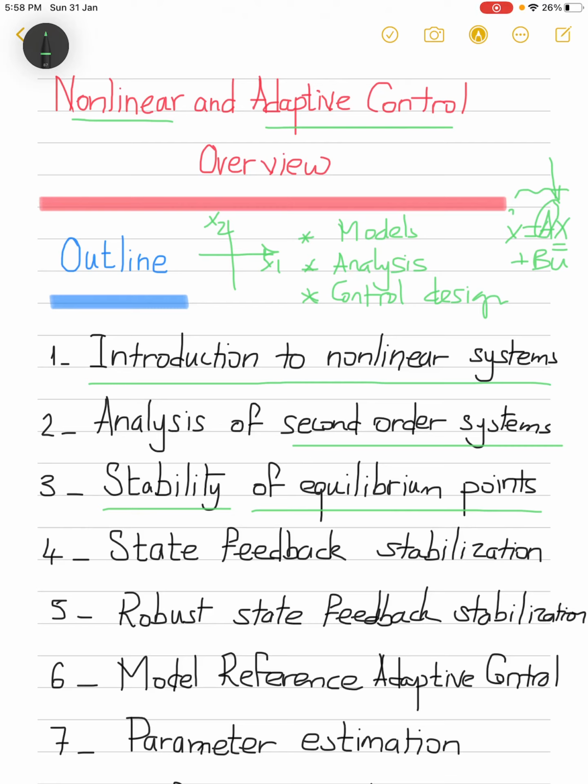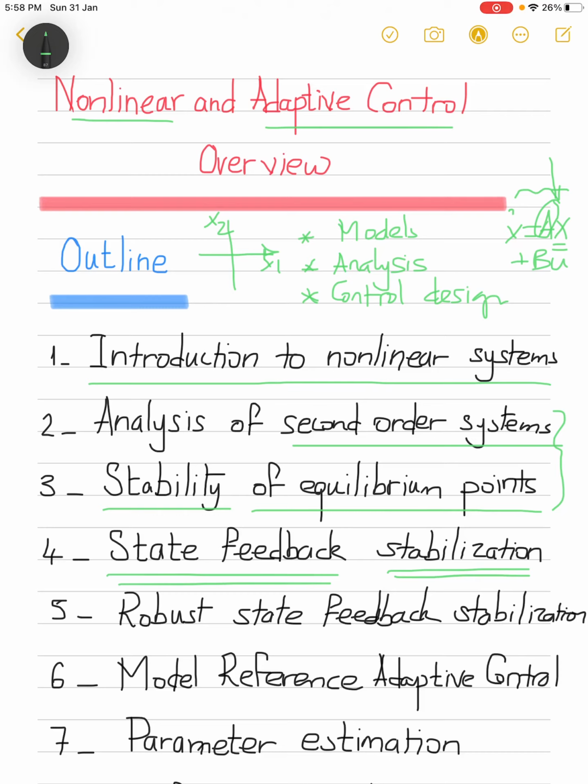Now, once we finish this analysis, we'll move on to the design of controllers. And again, normally when we study controllers, we start by state feedback controllers. However, since we are talking about nonlinear systems, there are special techniques that we could use in order to stabilize nonlinear systems. We'll see that.